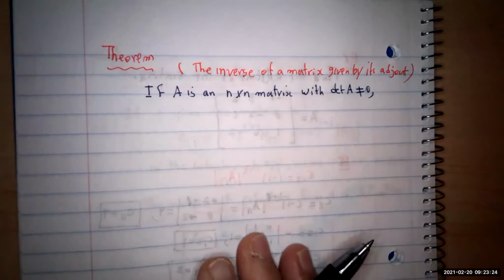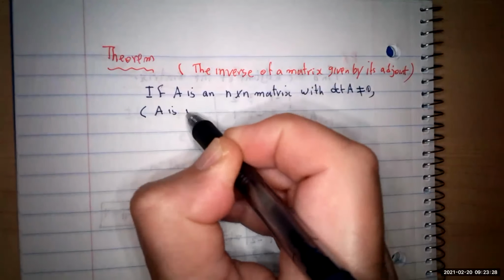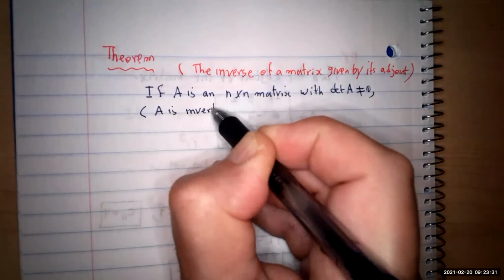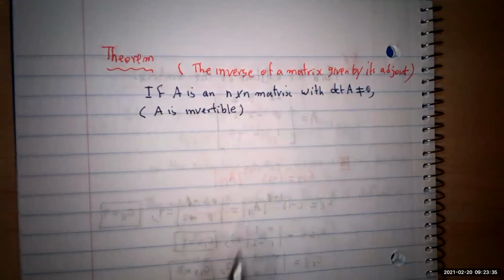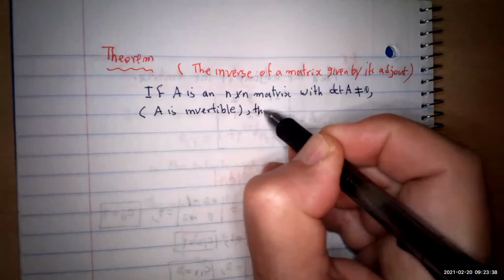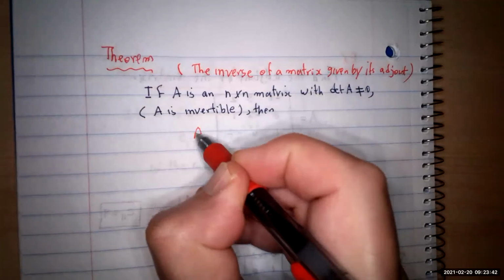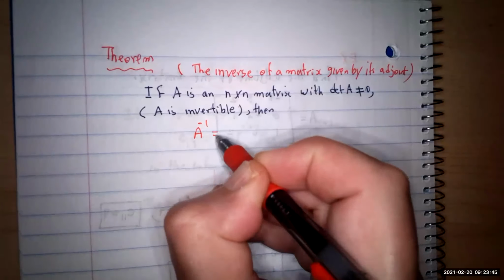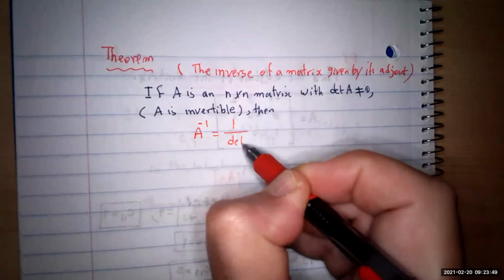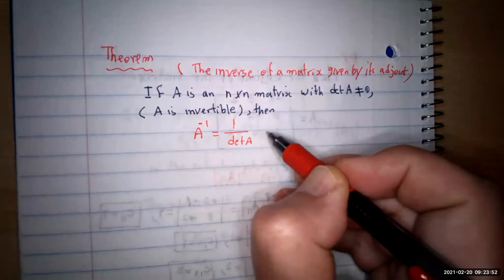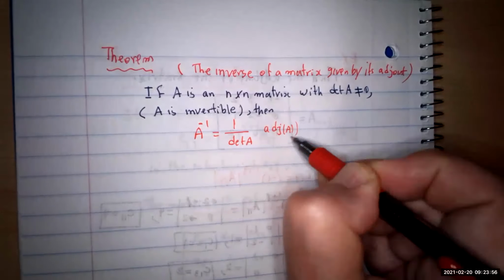So this basically means A is invertible. Automatically you will see it, because you are going to find the determinant to get this. If this is the case, then of course we have an inverse. So what is A inverse? A inverse is equal to 1 over the determinant of A, remember this is a number, times the adjoint of A. This is the one.